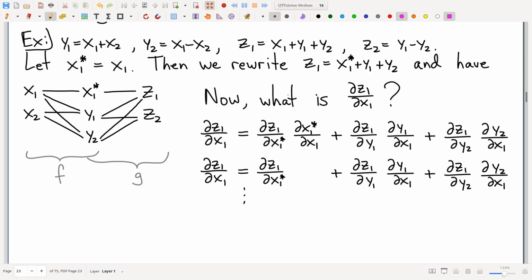Worse, and I've always found this terribly unsatisfying, since they don't write down the new variable, they'll write their formula for partial z1 with respect to x1 in terms of, among other things, partial z1 with respect to x1. And in their minds, it's clear that they mean different things by these two identical notations.